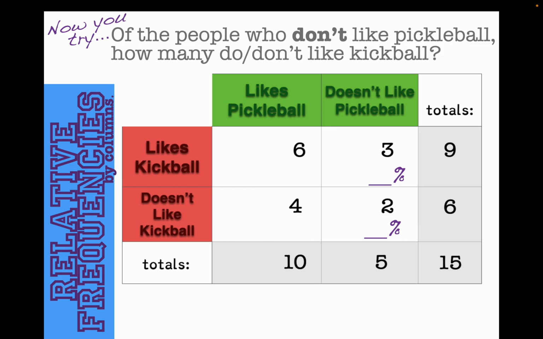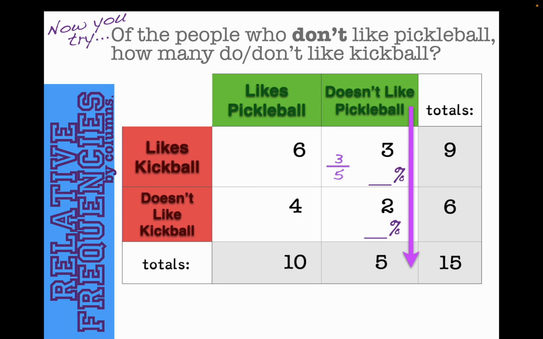We could also find the relative frequencies of the other column. Of the people who don't like pickleball, how many do like kickball? How many don't like kickball? So I would look at this column and try to find some percents. Of the people who don't like pickleball, which there were 5 total people like that, how many of those 5 like kickball? 3 out of 5.